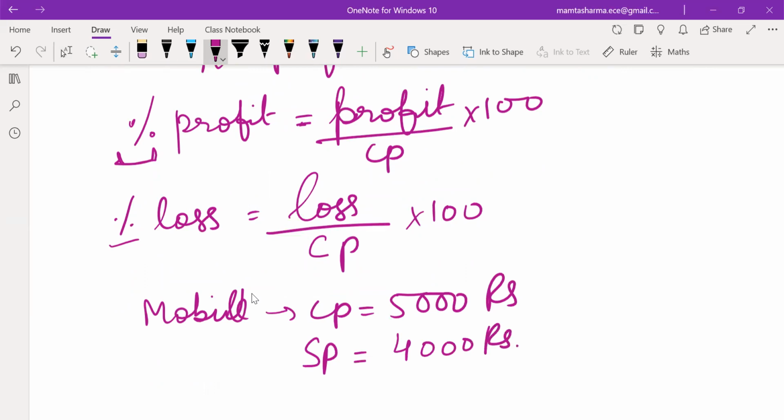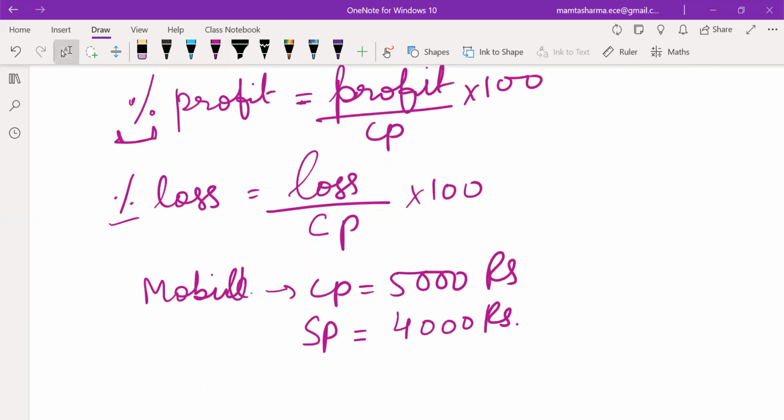So tell me, is it a loss or a profit for me? Yeah, tell me, Ananya. Ma'am, it's a loss because the CP is higher than the SP. Yes, ma'am. So how much loss? 1,000 rupees loss.